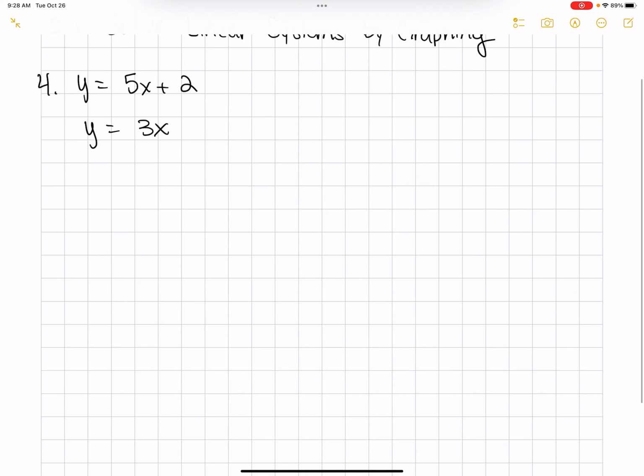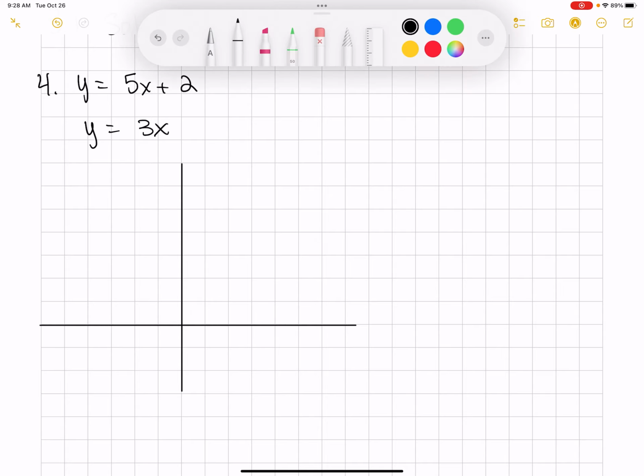All right, so I'm going to set up to graph this. The top one, I've got an intercept of 2 and a slope of 5, so up 5 over 1, or down 5, back 1.